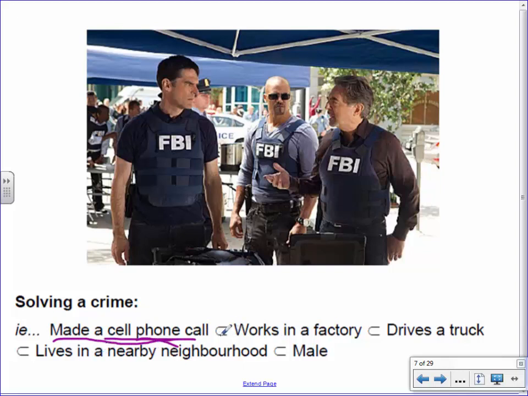But then you narrow it down to somebody who also works in a factory. Now we're down to 27 people. Then they have to be someone who drives a truck. That narrows it down to 8 people. Then it has to be somebody who lives in a nearby neighborhood. That narrows it down to 3 people. Then it has to be someone who's male. That narrows it down to 2 people. You get what I'm saying here? It's that same sort of thing where you've got this big diagram and you're narrowing it down one at a time.